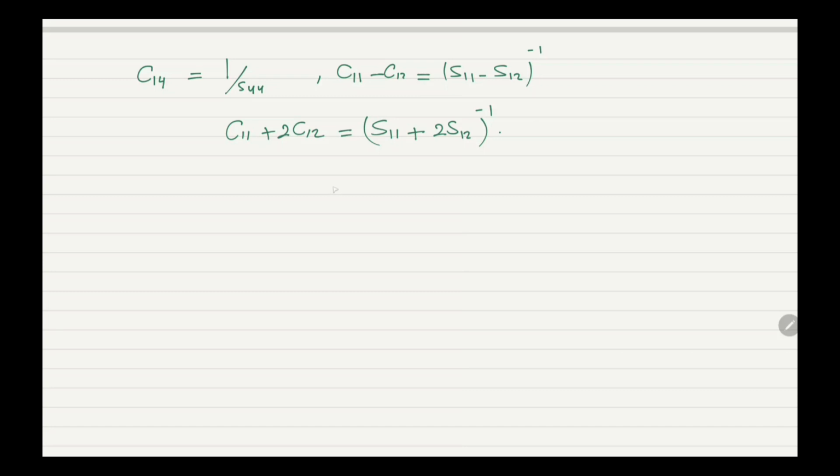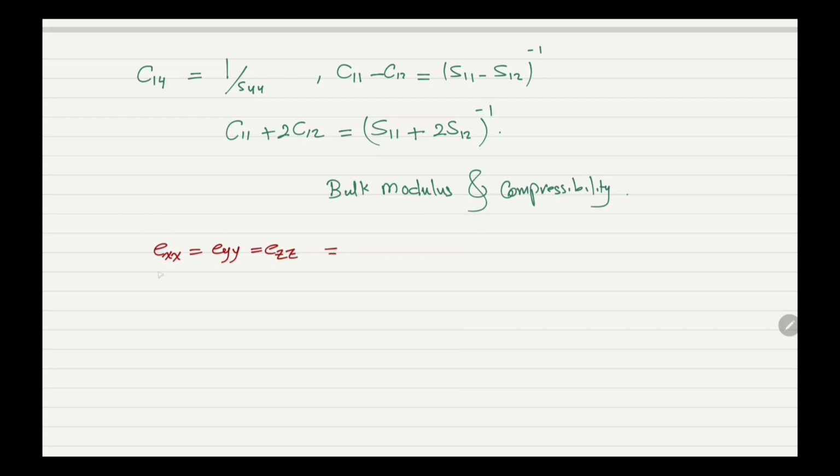Now let's calculate bulk modulus and compressibility. Assume that we have a uniform dilation, which means EXX equal to EYY, which equals EZZ.